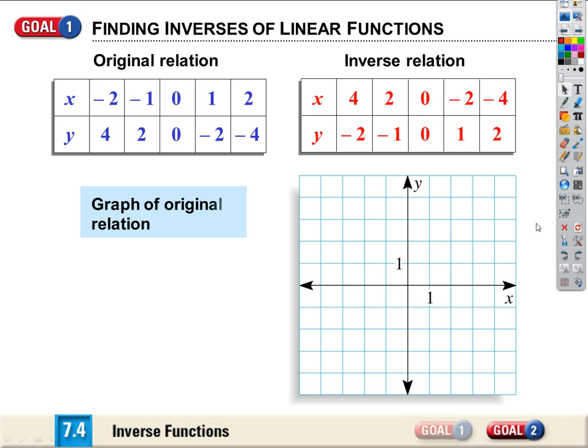Now, there's the graph of the original relation. These are the 5 points associated with these 5 ordered pairs. When I graph the inverse, watch what's going to happen here. Instead of going left 2 and up 4, if I look at the corresponding ordered pair in the inverse, I'm going to go right 4 and down 2, right?